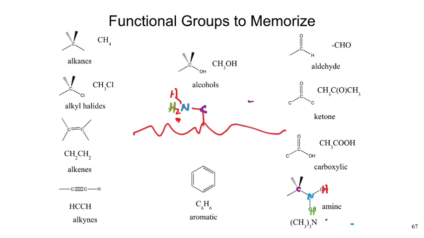If only 1 of them is a carbon, it's a primary amine. Okay? So it's referencing the number of carbons connected when we reference primary, secondary, or tertiary. Why is that important? It changes the chemistry of the functional group. And we'll use that primary, secondary, tertiary naming system, if you will, later in the semester as well. Okay?